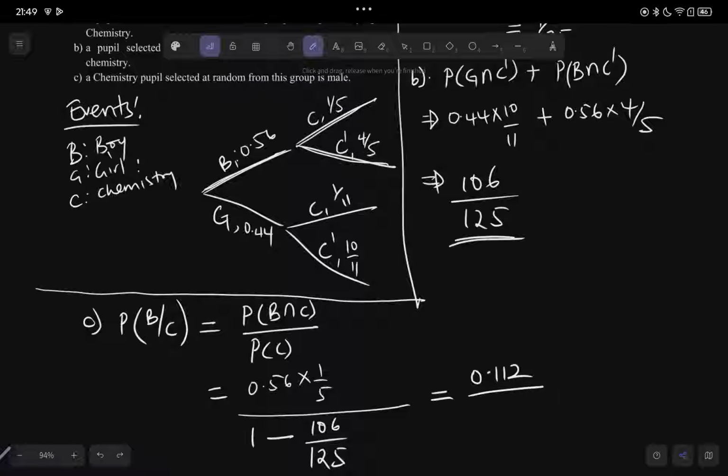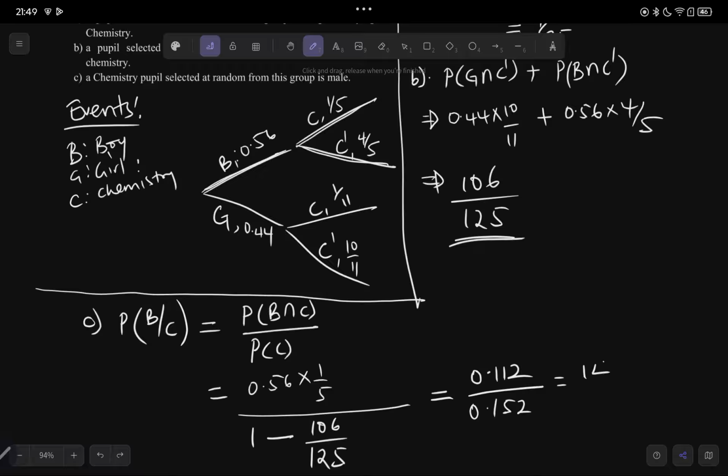Then down we have 1 minus 106 divided by 125. This is 0.152. And the answer is 14 over 19.